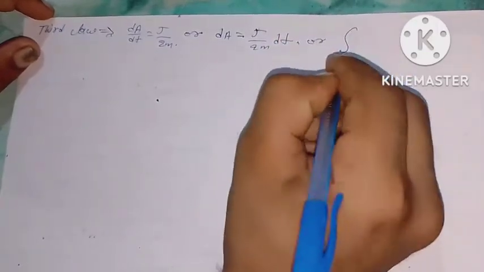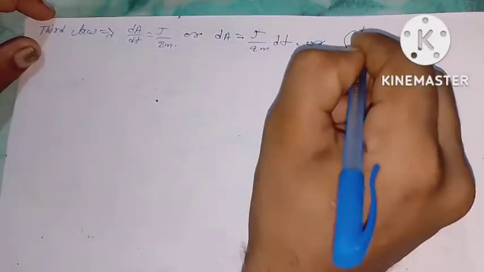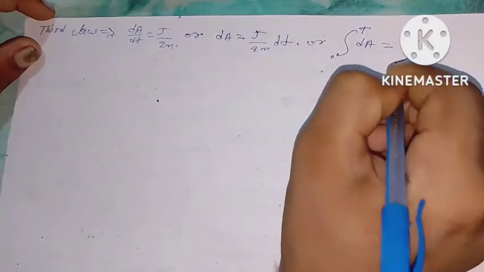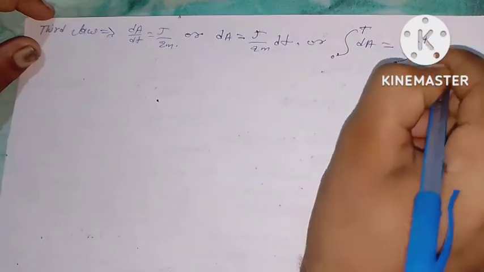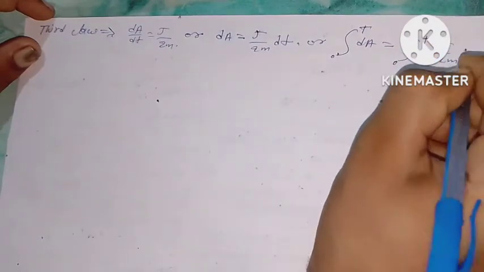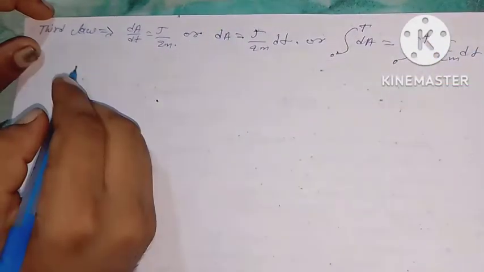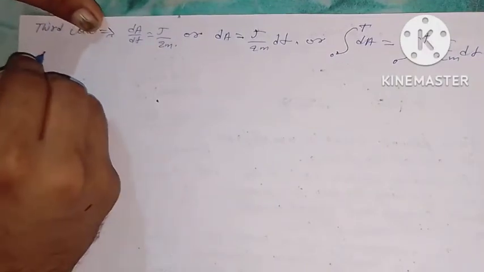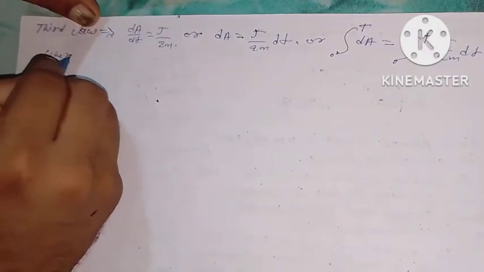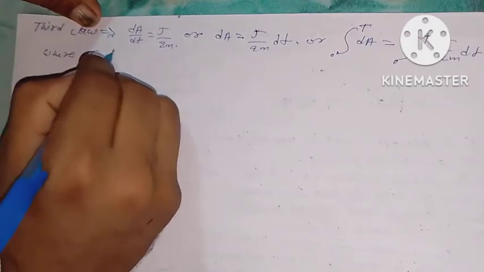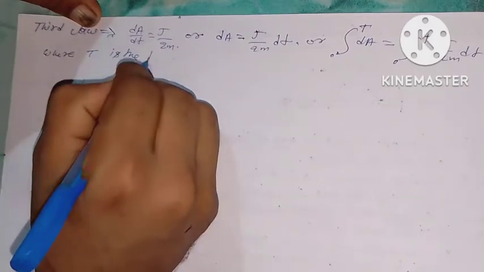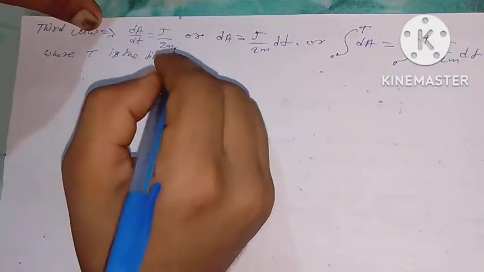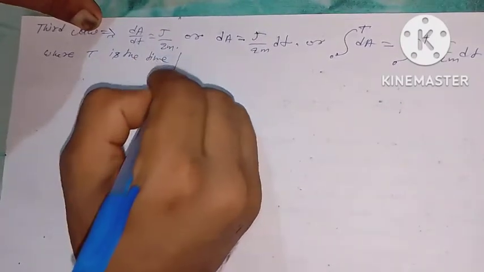Integrating from 0 to T, the integral of dA equals the integral from 0 to T of J upon 2m dt, where capital T is the time period of one full revolution.